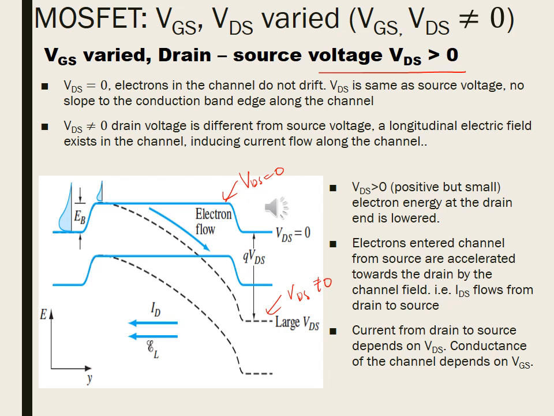When VDS is larger than 0, which is positive but still small, electron energy at the drain is lowered. Electrons that entered the channel from the source are accelerated towards the drain by the channel field, meaning that IDS flows from drain to source. The current that flows from drain to source depends on VDS, and the conductance of the channel depends on VGS.